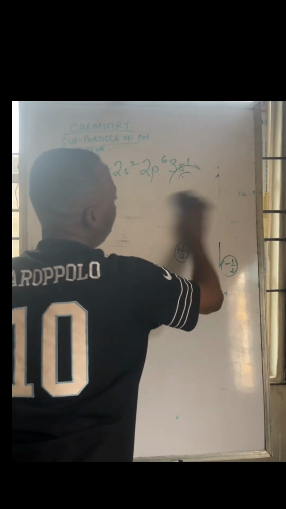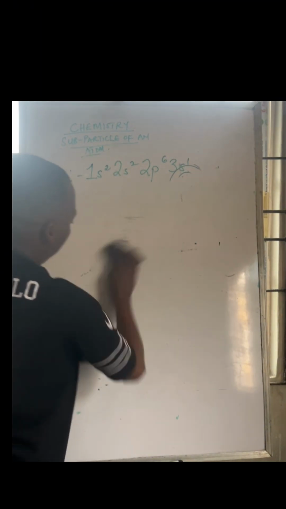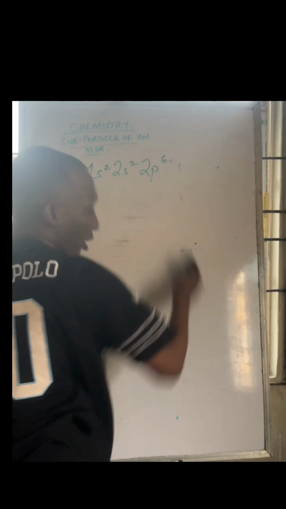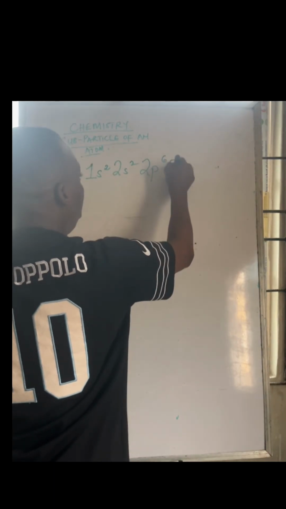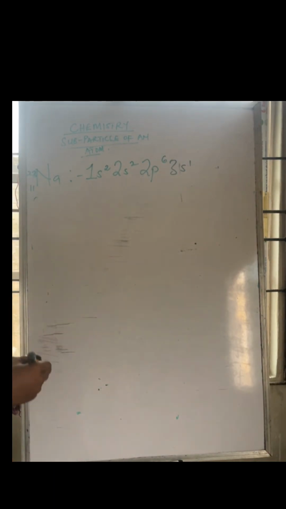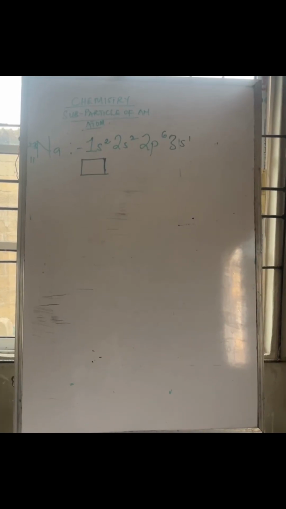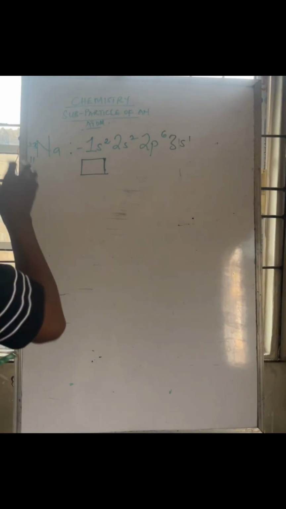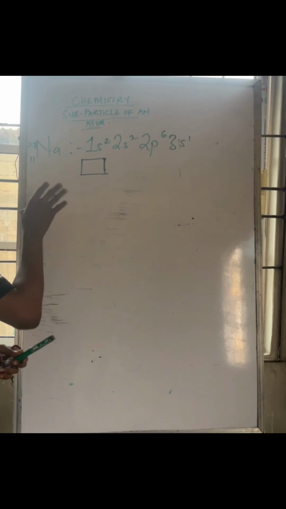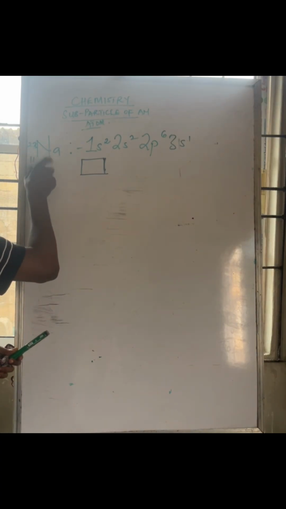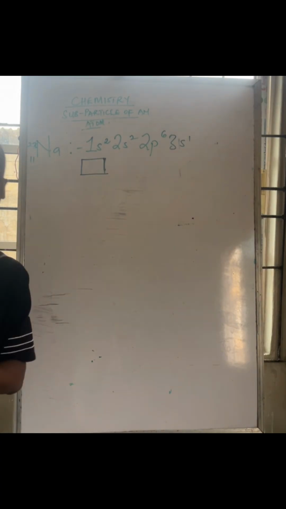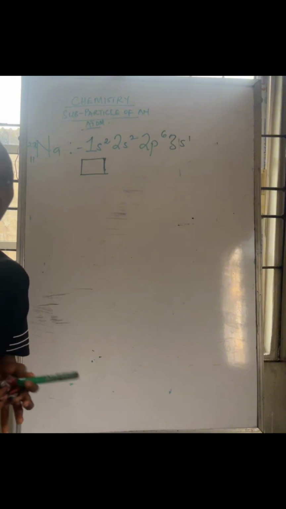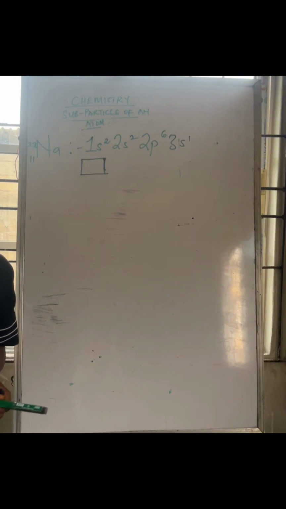Now, I have explained this to you, so this is not new to you. So how do I represent sodium in a degenerate orbital? I want to represent the electrons of this particular element in degenerate orbitals, and I need to follow Hund's rule. Are we together?